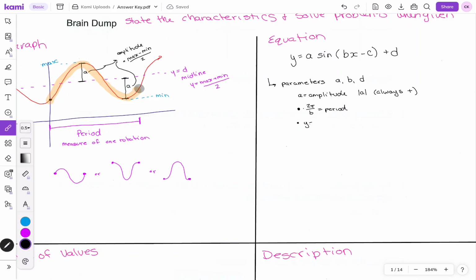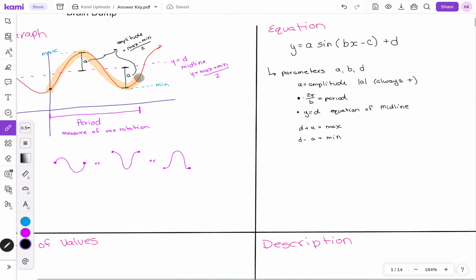Then we have y equals d, which is the equation of the midline. And we know we can go d plus a to get max, and we can go d minus a to get min.